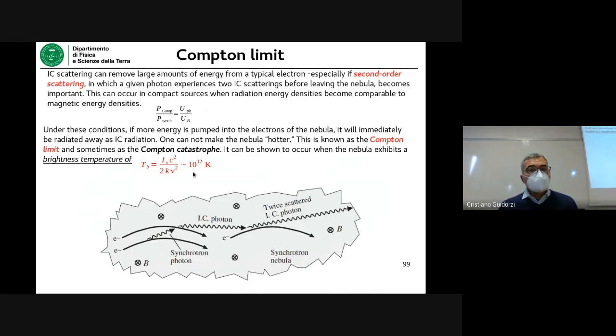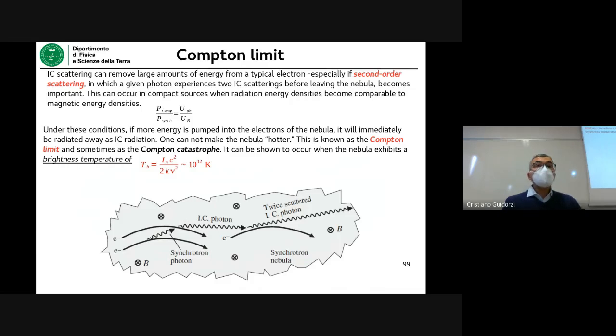So there is a limit beyond which, let's suppose you want to increase the temperature of the population of electrons. So you want to give energy, to increase the kinetic energy of the electrons, okay? If you do that, there is a limit that I'm about to comment on, beyond which you cannot increase the temperature of the population of electrons.